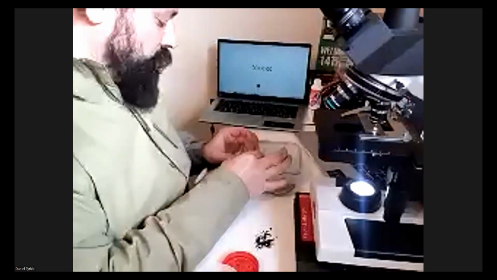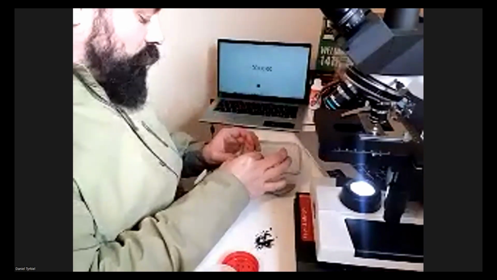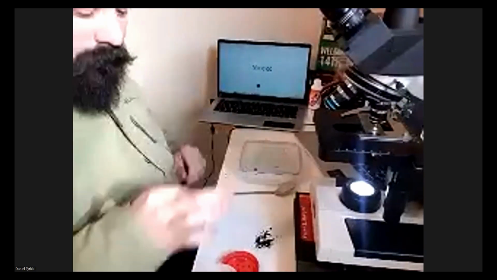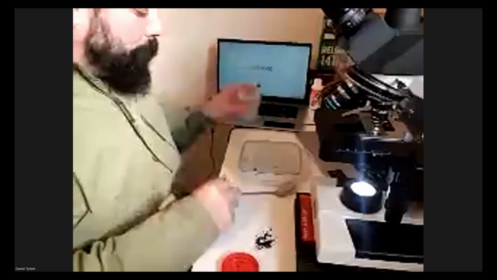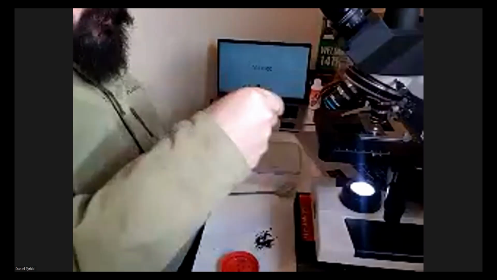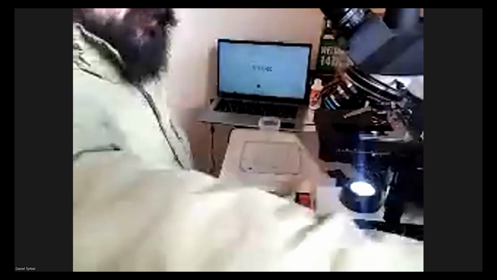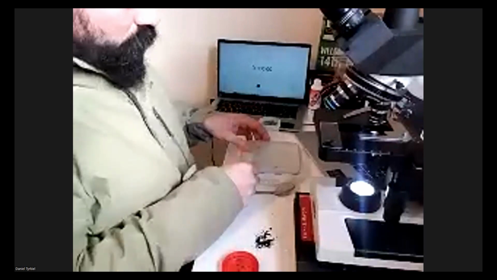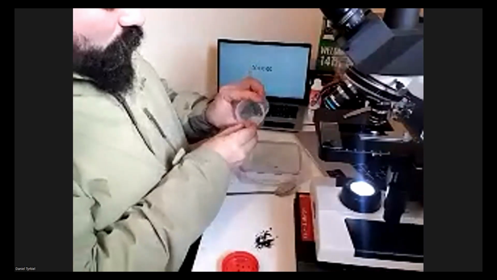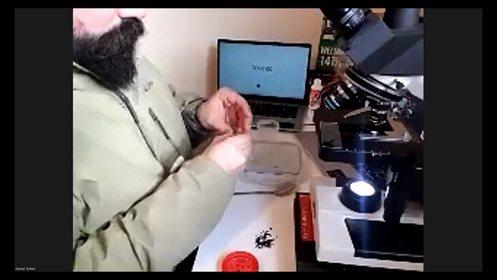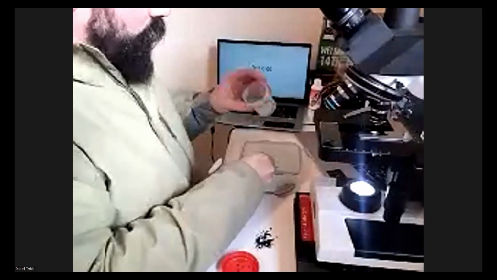And I like the cover slip to be parallel to the slide, so then you can scan through it in a way that means you can evenly see the whole cover slip.